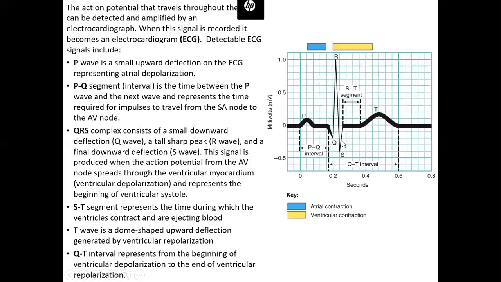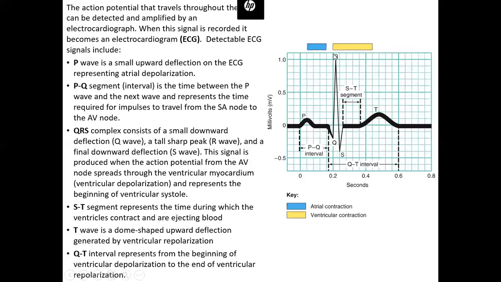The QRS complex is the biggest change to the ECG. It involves a small downward Q, a very high jumping R, and then a big drop back down to S. That's where the QRS complex comes from, where the signal being produced is due to the action potential traveling from the AV node all the way down through the ventricular myocardium, causing ventricular depolarization.